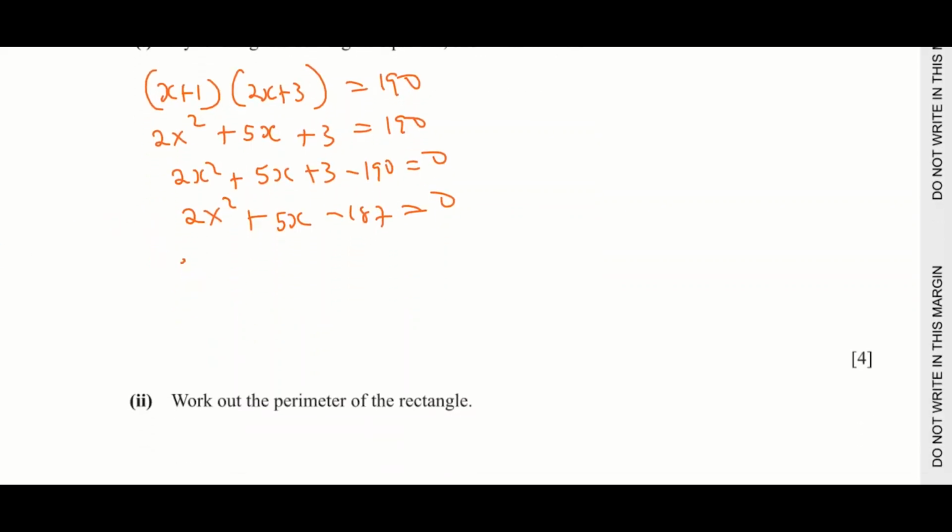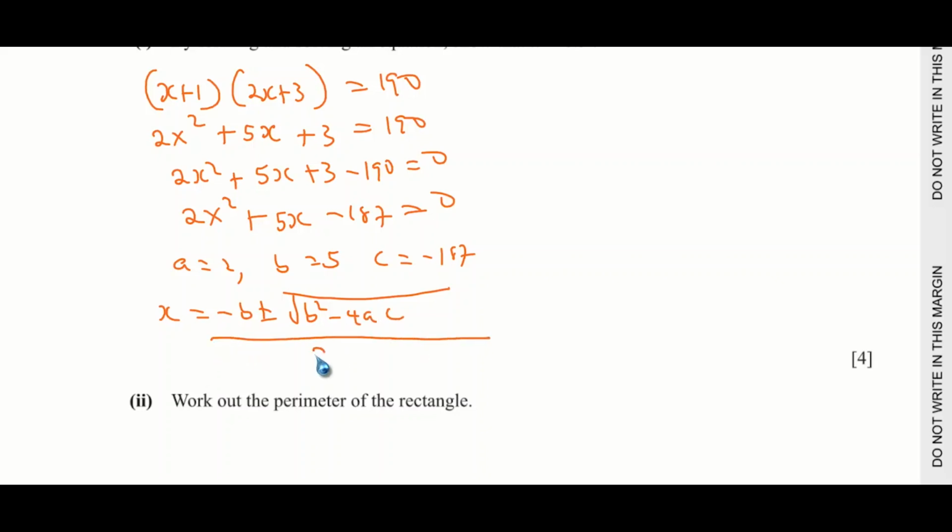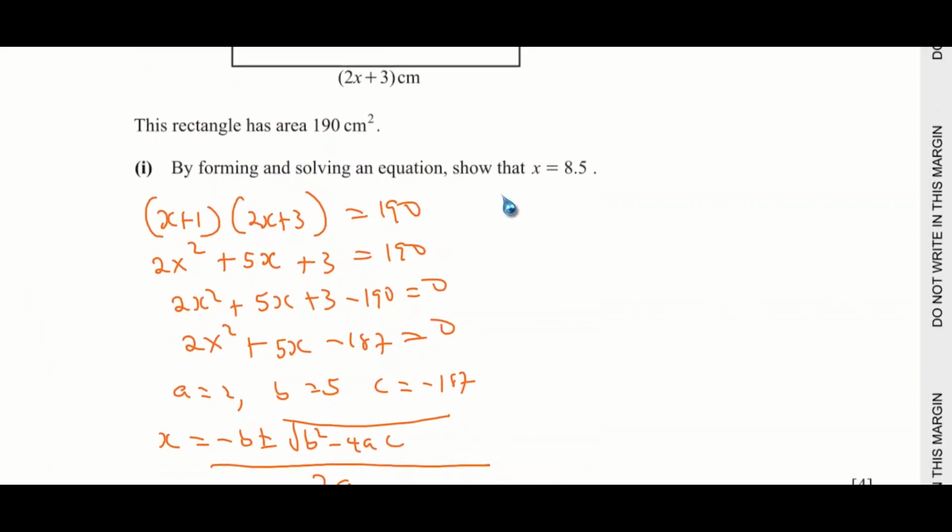So from here, a equals 2, b equals 5, and c equals minus 187. So using x equals minus b plus or minus the square root of b squared minus 4ac, over 2a. So let's partition this.